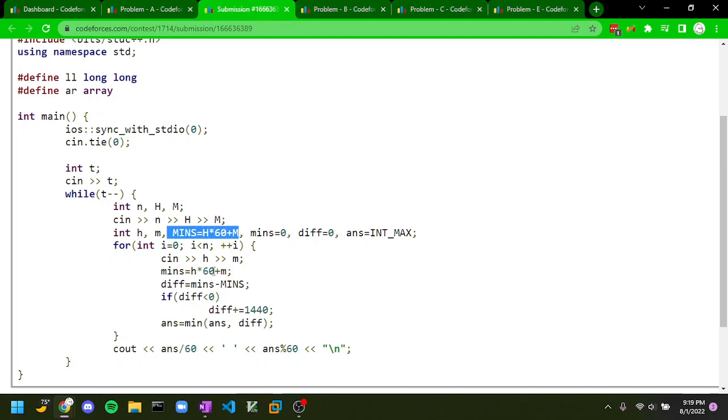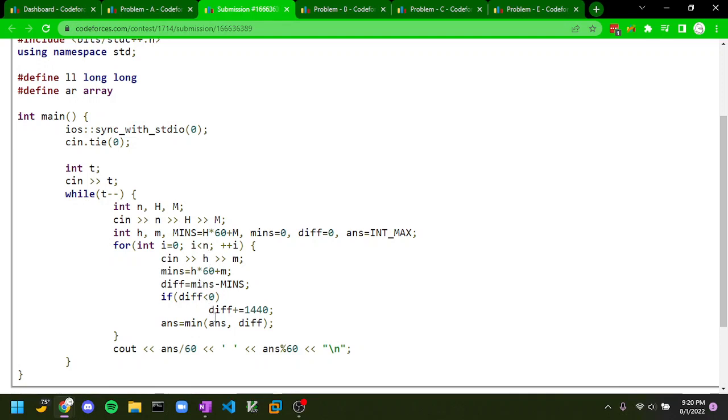And for each N test case, I also input H and M and then find the minute conversion for it. I set the variable diff, or difference, to be the lowercase mins minus uppercase mins, which means like this minus this, which is the part I was telling you about where you subtract to find the difference between the alarm clock and the time Vlad sleeps.